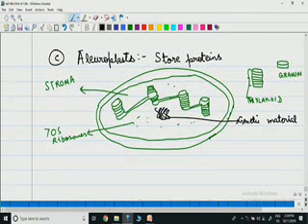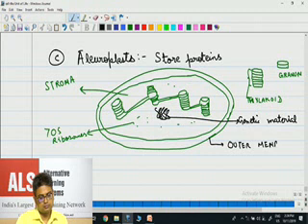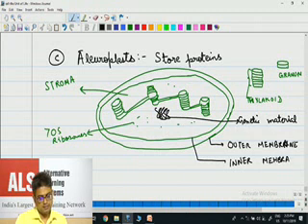This is the outer membrane. This is the inner membrane. The inner membrane is quite smooth, right?